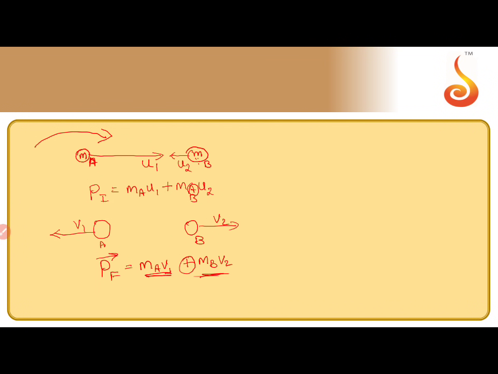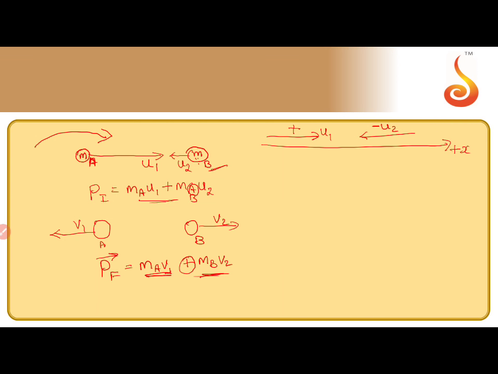So, in the initial momentum case, if I choose this as the positive x-axis, u1 is in this direction, I have to take it as positive. u2 is in this direction, so I have to take it as negative.